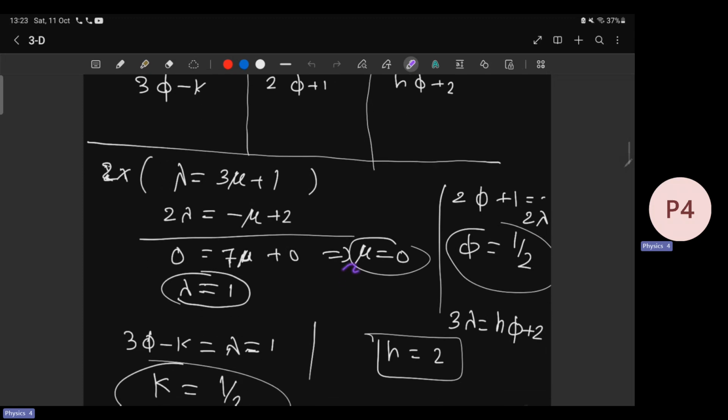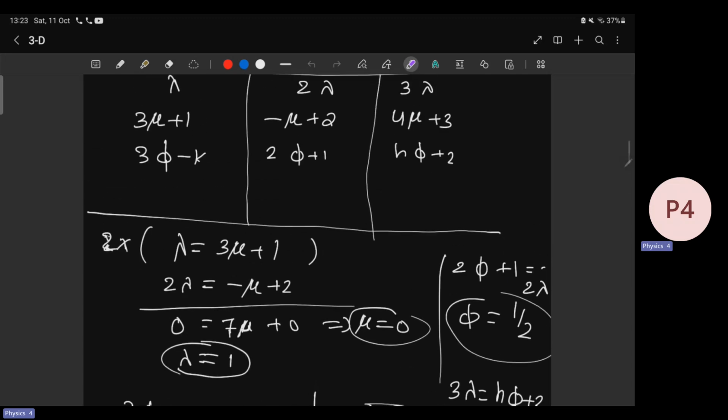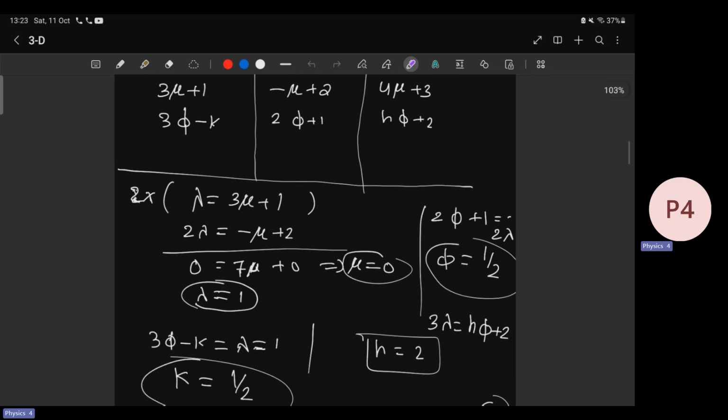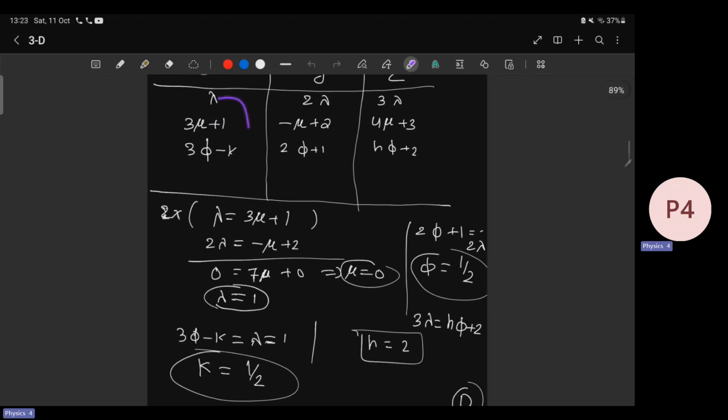So we got the value of mu, we got the value of lambda, we got the value of phi. Now we have to find out the value of h and k, right? So if we equate these two, we will easily get the value of k. 3 phi minus k equals lambda. Lambda is equal to 1. So we got the value of k equals half.